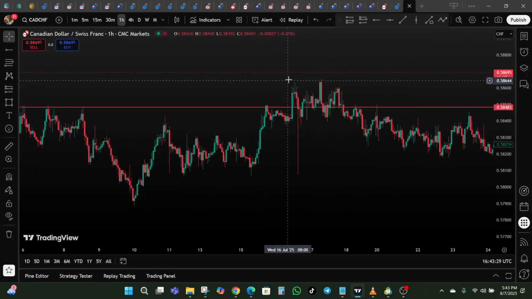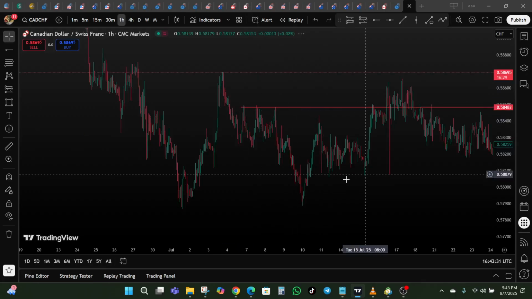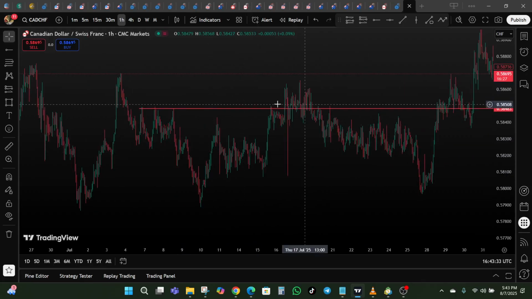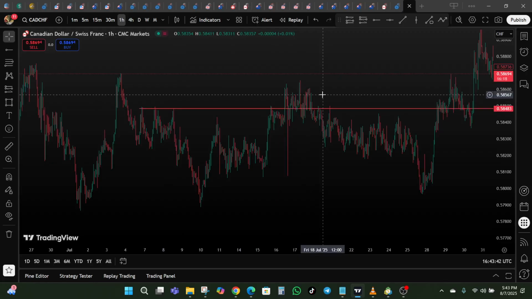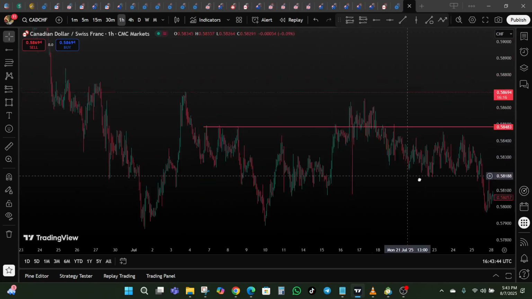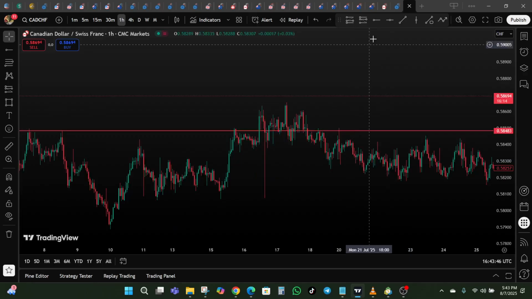So if it is a resistance, you wait for a fake out above the resistance. Then you enter on the return into the order block that caused the move. Then your stop loss is going to go outside the liquidity grab.